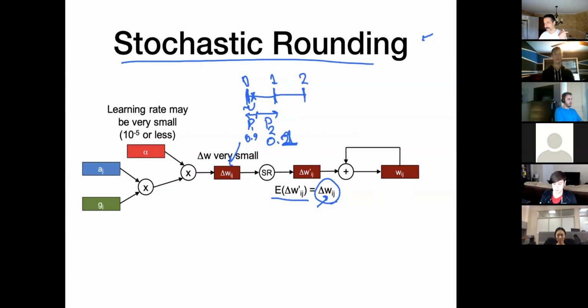It's a very simple kind of rounding in terms of implementation. It's like taking a random number and deciding which way you want to go.